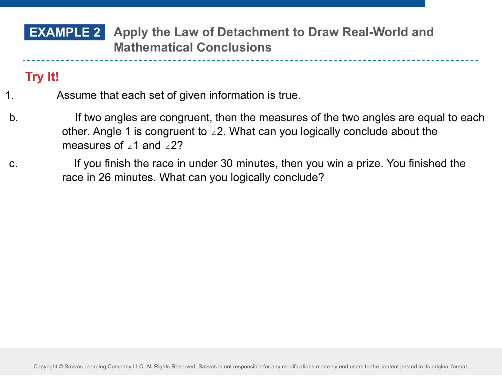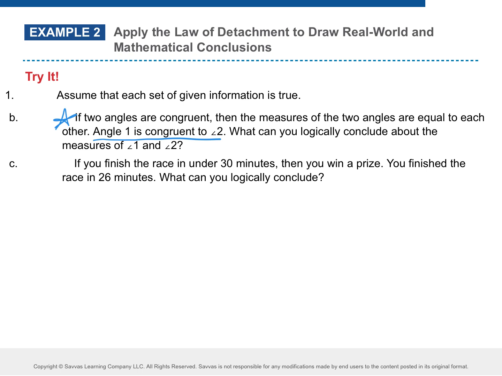Okay? Go ahead and try 2A and B. You're trying to make conclusions of what it's asking you. All right, let's talk about it. Number 2A, if two angles are congruent, then the measures of the two angles are equal to each other. That's our if-then statement. The statement they want you to decipher between is angle 1 is congruent to angle 2.